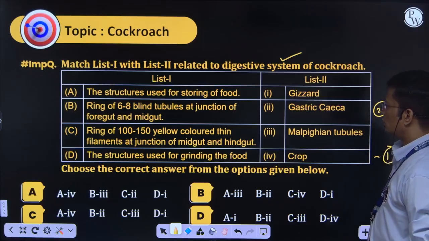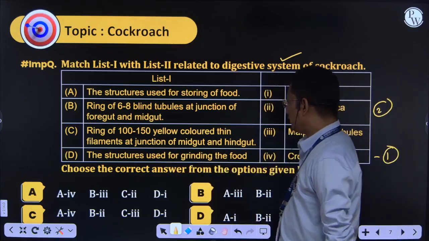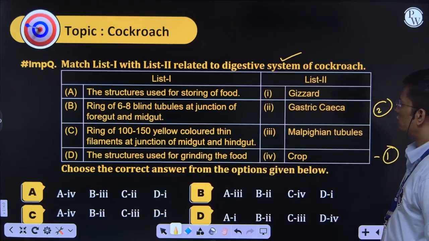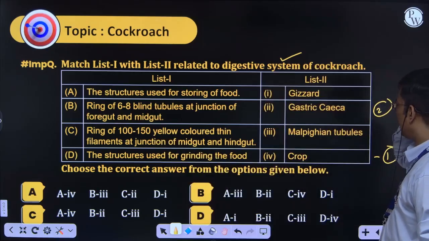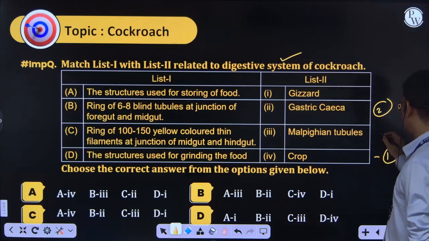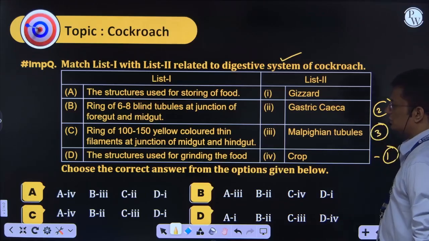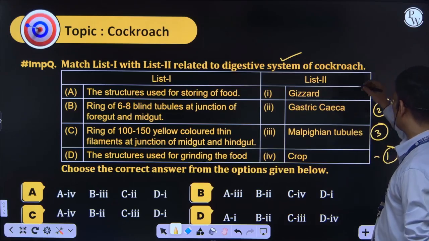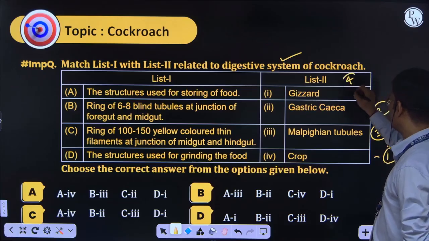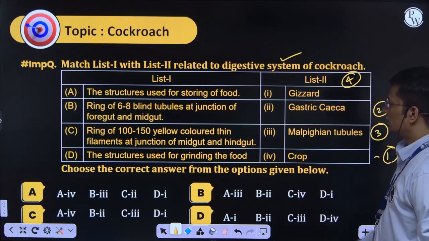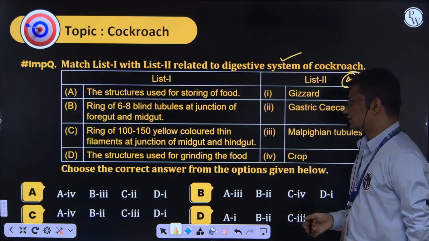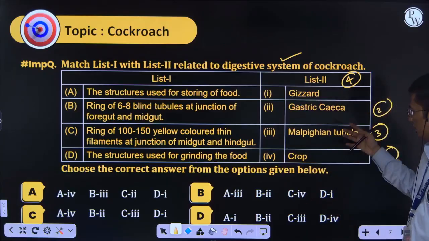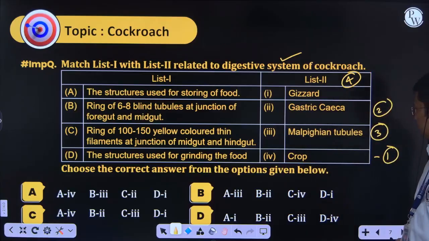Ring of 100 to 150 yellow colored thin filamentous structures at the junction of midgut and hindgut. So midgut and hindgut, cockroach has Malpighian tubules. Structure used for grinding. Grinding structure is gizzard. Gizzard is the grinding structure. Clear? So in this way, you can rearrange the things. Foregut and midgut, gastric caecae is present. Midgut and hindgut, Malpighian tubule is present.